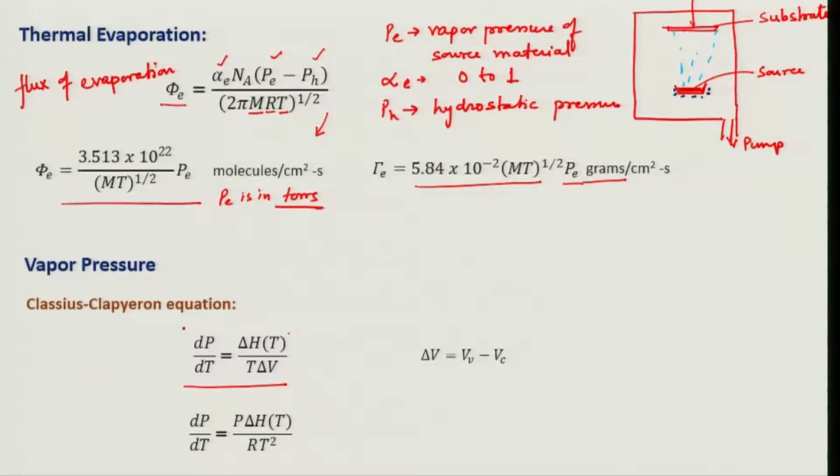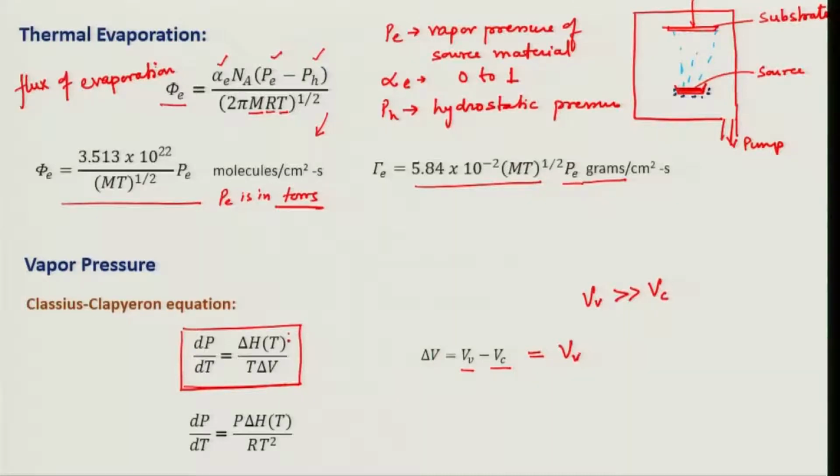This is a very famous expression, and here delta V is the change in volume when this material goes from condensed phase to vapor phase. So, change in volume on phase change from condensed phase, which is solid or liquid, to vapor phase. Now, we know that the volume of vapor phase is much higher than the volume of condensed phase. So, we can always use this as the volume of vapor phase.